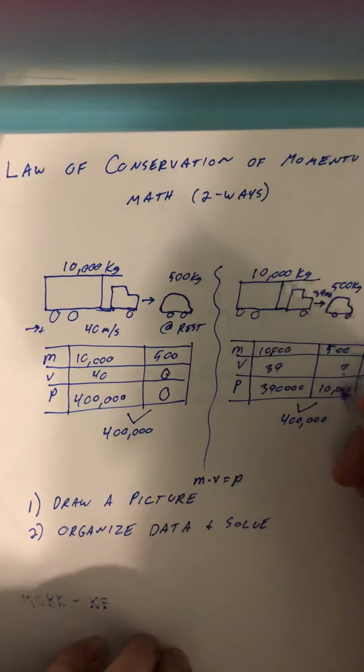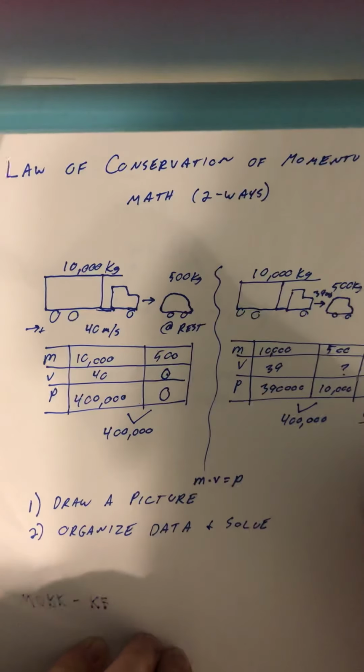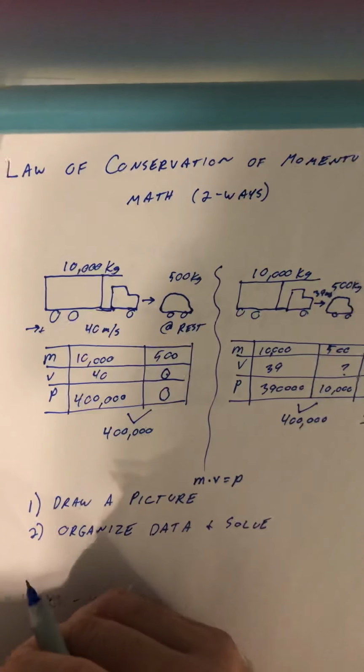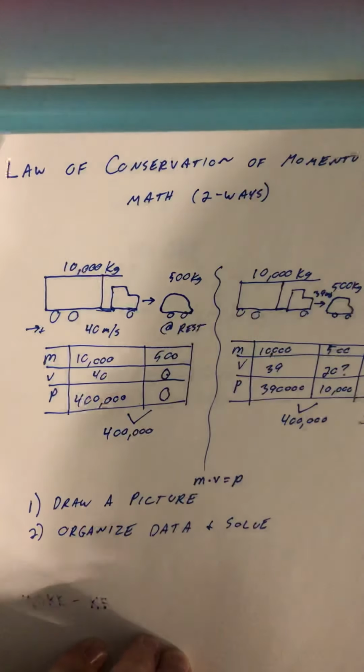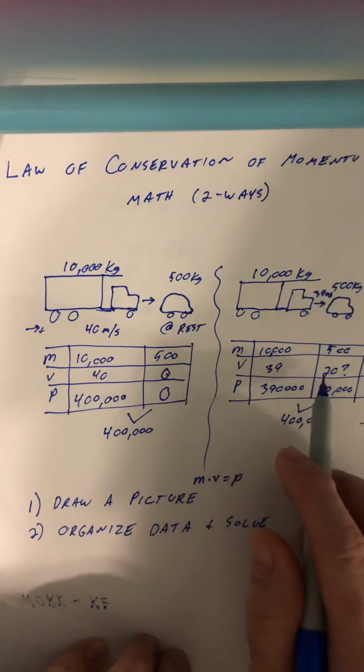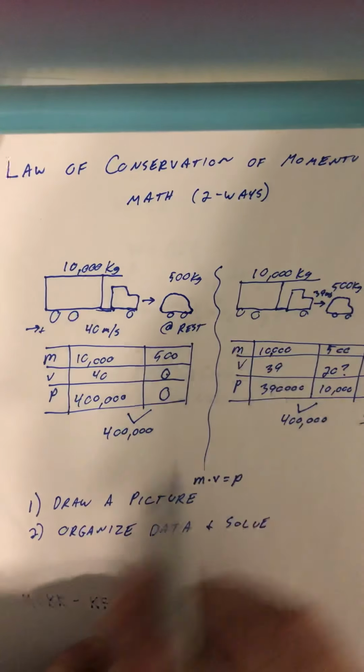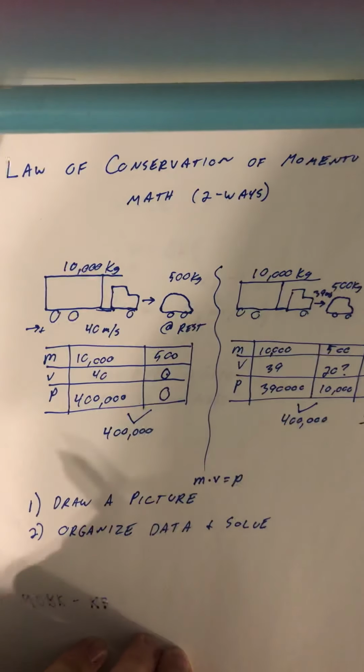So in essence, I've got 10,000 divided by 500, so that falls off, that falls off. 100 divided by 5 will be 20. Now, not incredibly realistic because obviously the smart car would have to be traveling faster than the dump truck, but in general, this is how you would solve one of these problems.